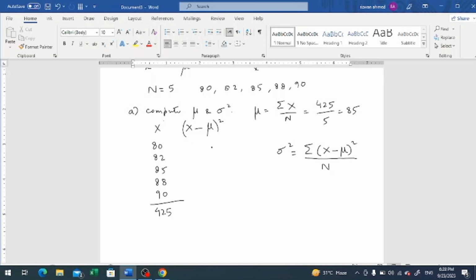So 80 take away 85 is minus 5, minus 5 squared gives us 25. 82 take away 85, which is the mean value, gives us minus 3, squared is 9. Similarly, 85 take away 85 gives us 0, and that gives 0. Then 88 take away 85 gives us 3, squared is 9. Again, 90 take away 85 gives us 5, squared is 25.